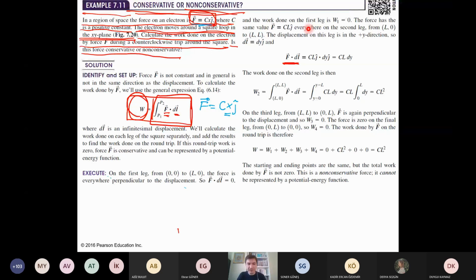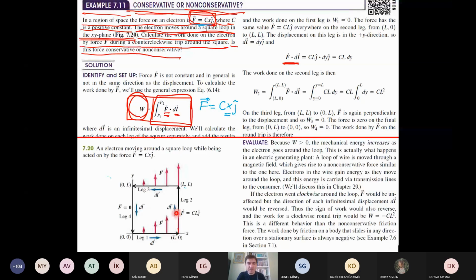So what about the work done here? What about F·dl along this path? F is given by C L J, and here we have dl. dl is a displacement along the y-axis, but a very small, infinitesimal displacement. So instead of dl, I can write dy times the j unit vector. This is the displacement along the y-axis, and j shows the direction of the displacement.